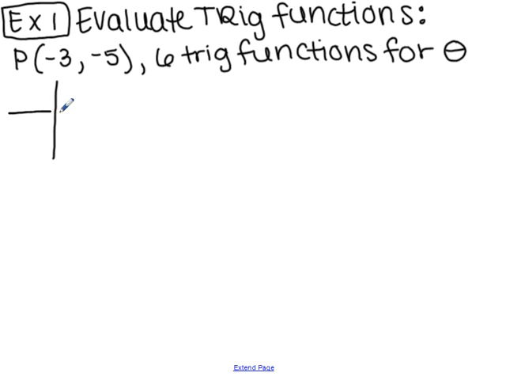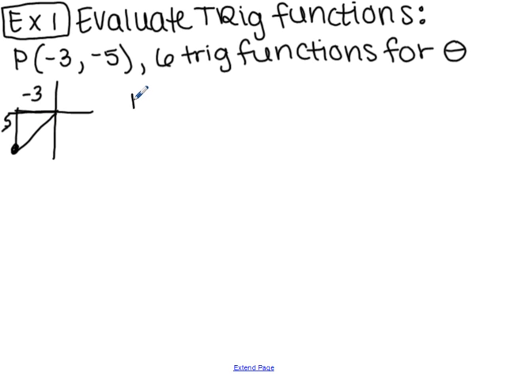-3, -5 is going to be in this bottom quadrant, somewhere out here. So in my triangle, this is -3. This down here is -5. I need to find the radius.